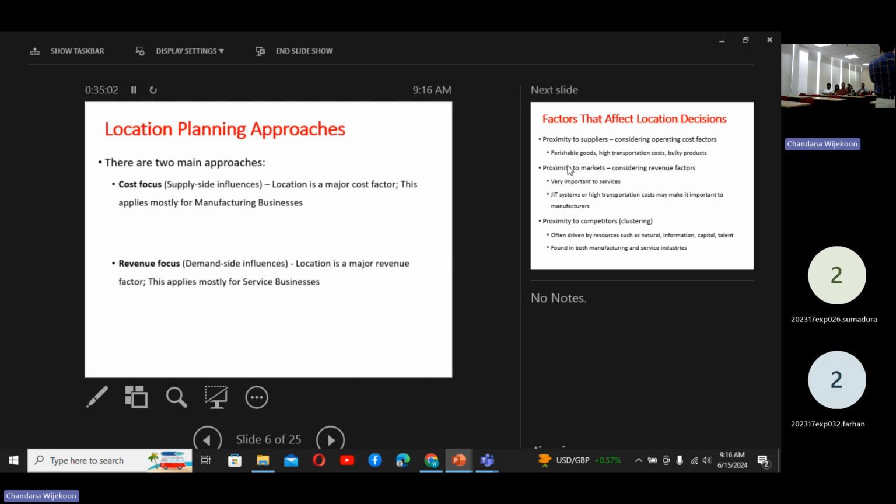So of course, financial concerns. What you basically consider there: ROI, return on investment, and various other financial techniques are used to decide. Right? And at the same time, this location, especially facility locations, significantly affect operations. So operations should be given an opportunity to come up with their suggestions.